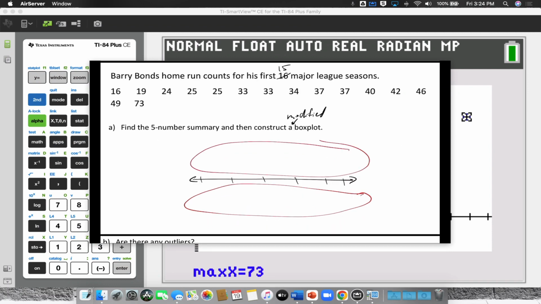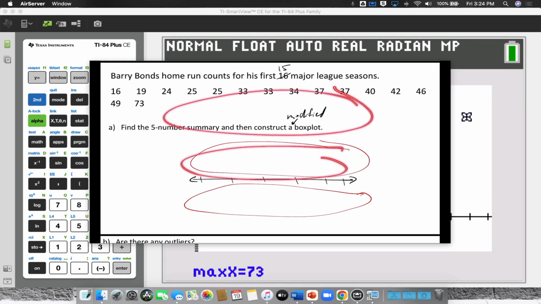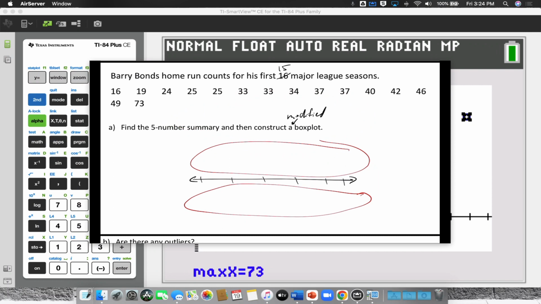Sometimes you'll see them like that. Sometimes they'll stack them, putting one on top of the other using the same number line. It's a way to compare. So one number line covers both sets of data, and they'll always be the same kind of data. Like home runs, they'll both be home runs.